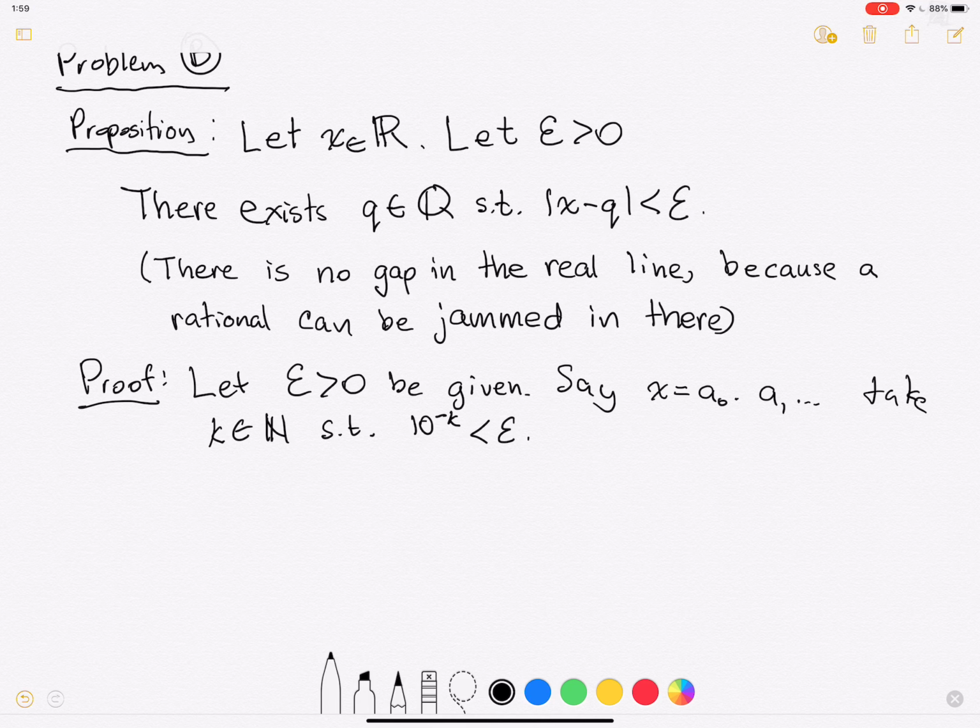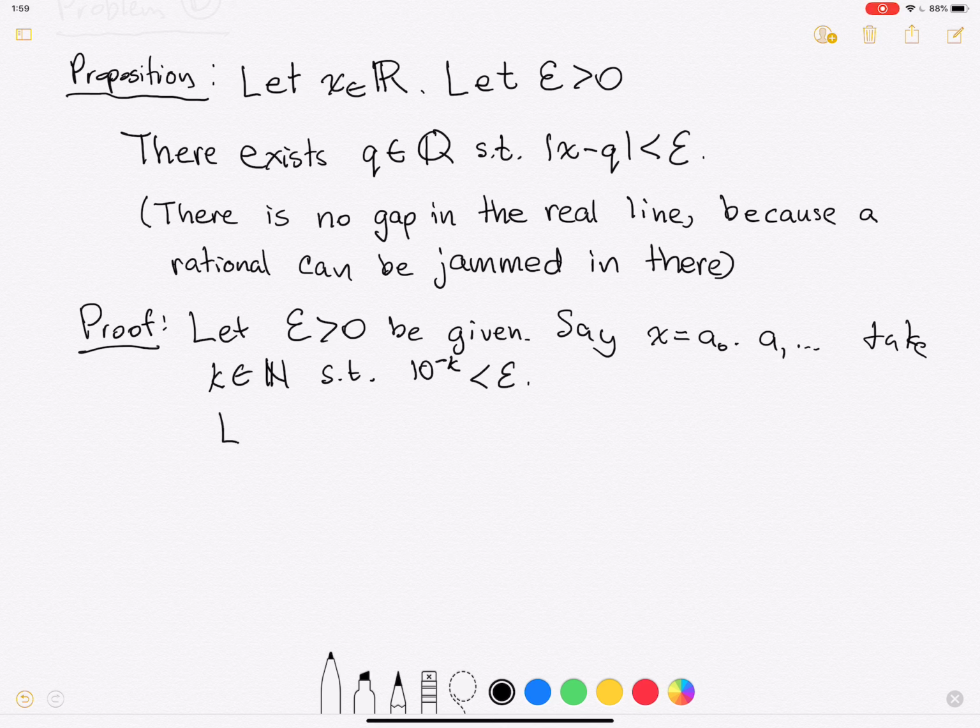And then let q be a rational number, being the first k, or the first k plus 1 digits of x.